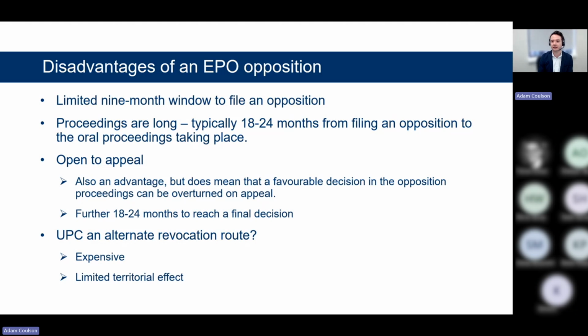As with opposition proceedings, appeal proceedings culminate in a hearing in which a final decision on the matter will be provided. However, the appeal hearing may not be for around a further 2 years after the initial opposition decision was given, therefore resulting in a decision on the matter not being provided for around 3 to 4 years after the opposition was filed.